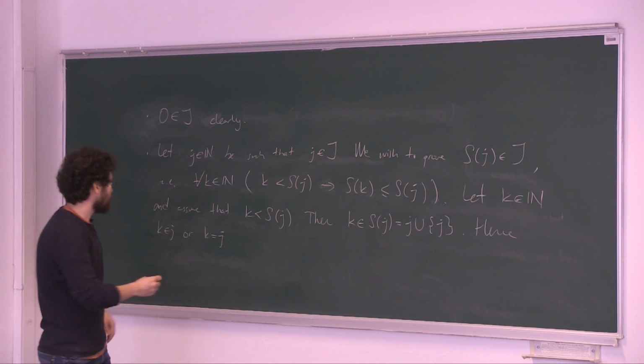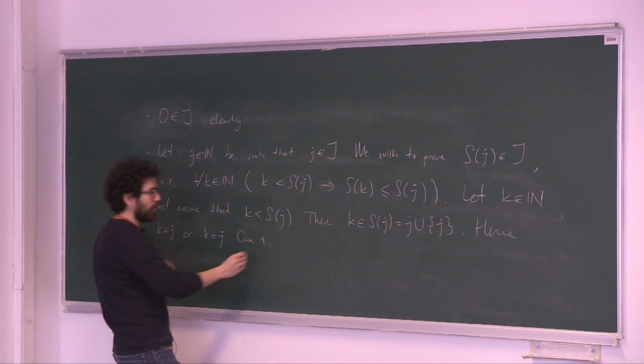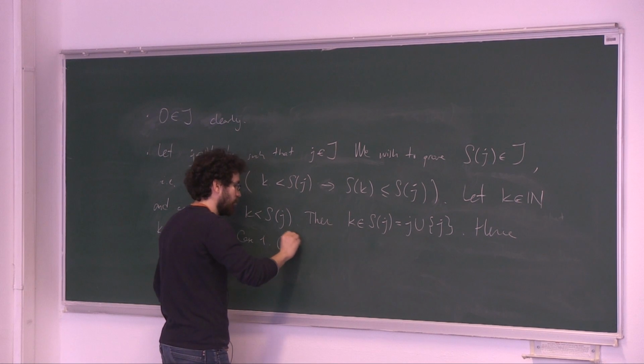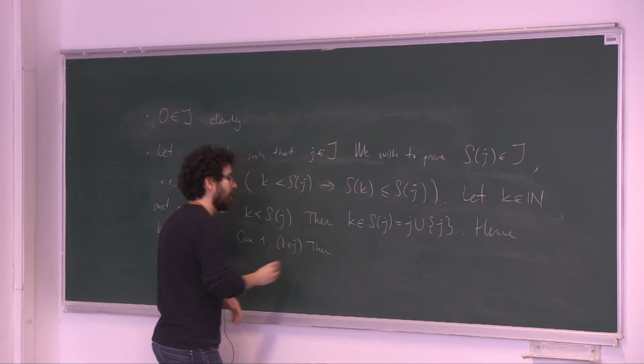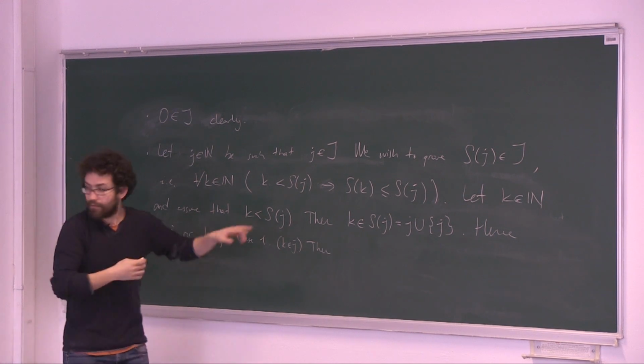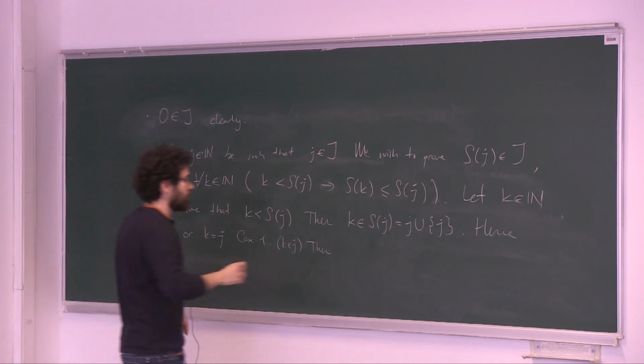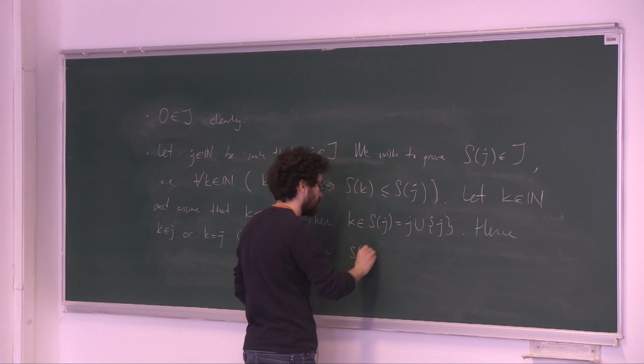Now, case 1, let's say that we're in this case. K is in J. Then, now I'm going to use the induction assumption. K is in J implies that successor of K is less than or equal to J.